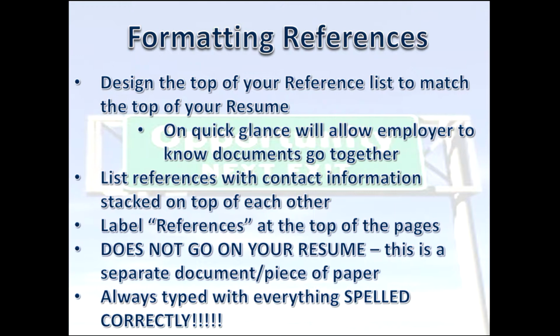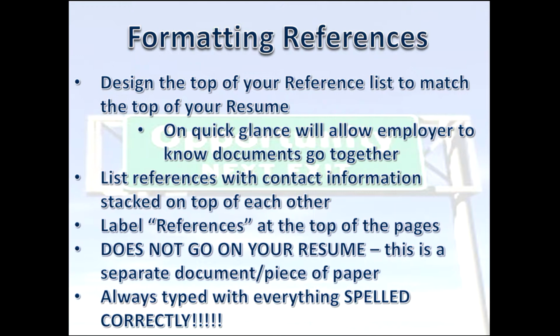The reason why you want to format it the same way is so that when someone's looking at these documents separately, they could realize that they go together, and so they could see your name and your contact information quickly. You want to list these references and their contact information one stacked right on top of the other. And you're going to put the word References in the center at the top of the page underneath your contact information.